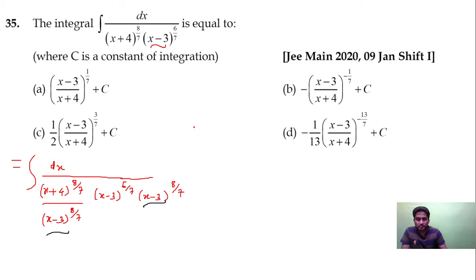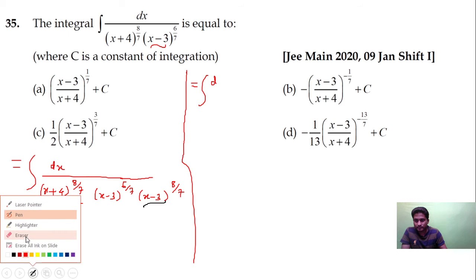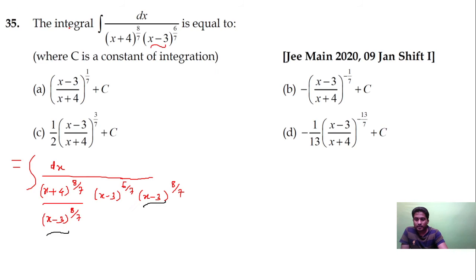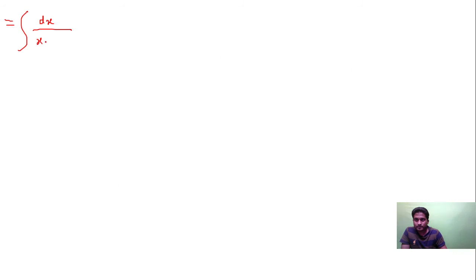So this becomes integration of dx divided by (x plus 4) upon (x minus 3), then (x minus 3) whole to the power of 8 by 7.